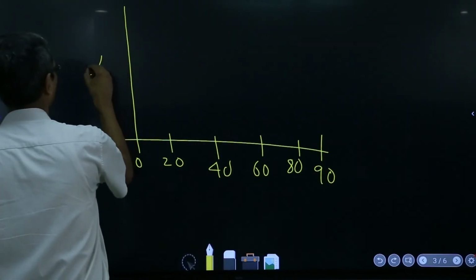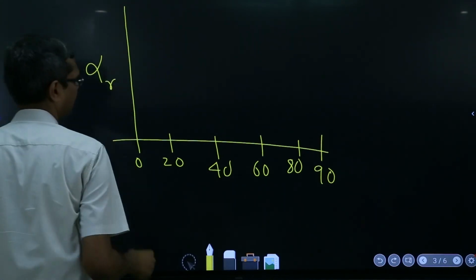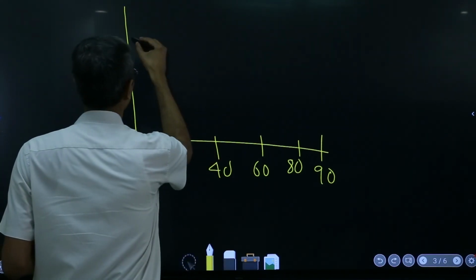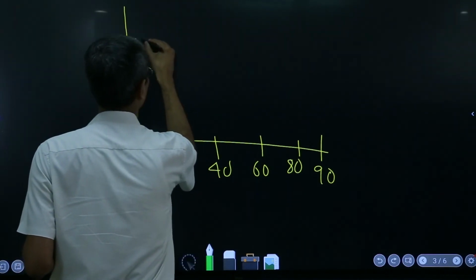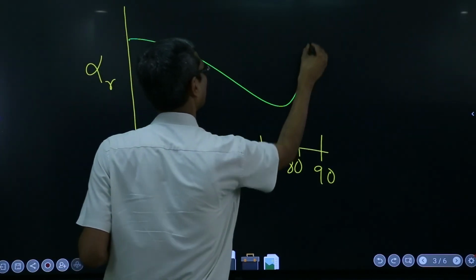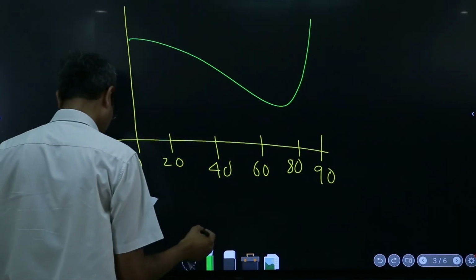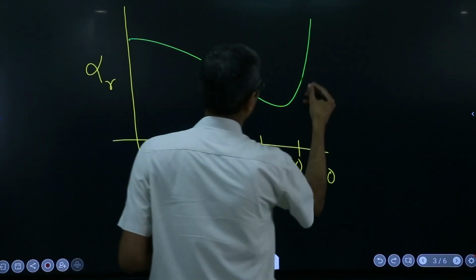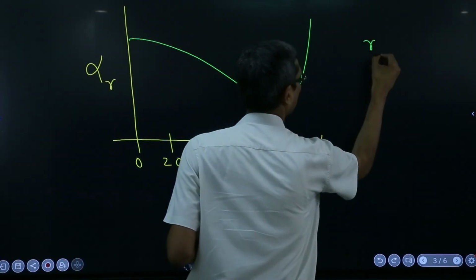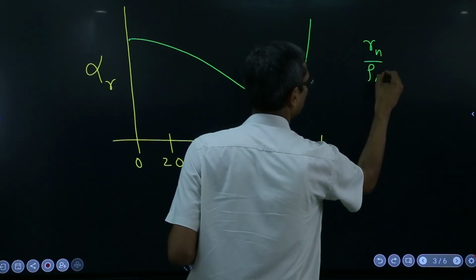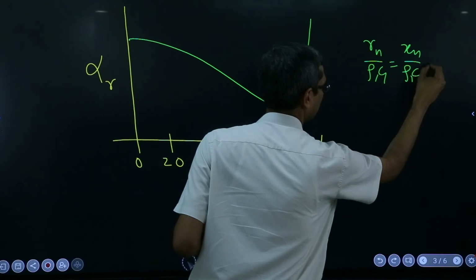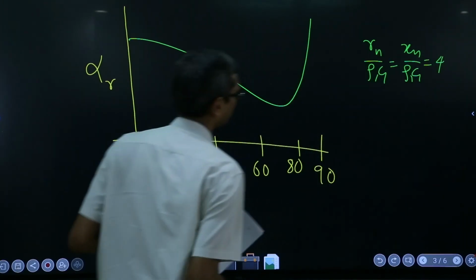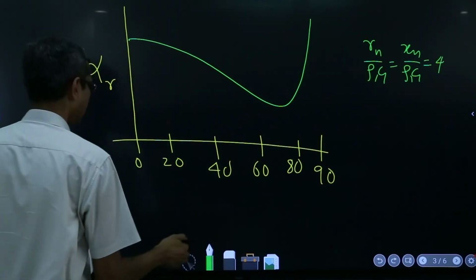And this side you are plotting, say, alpha r. Okay. Now what will happen is something like this. So this is a case where say Rn over rho 1 C1 is equal to Xn over rho 1 C1 is equal to, say, 4. Okay, so this will look something like that.